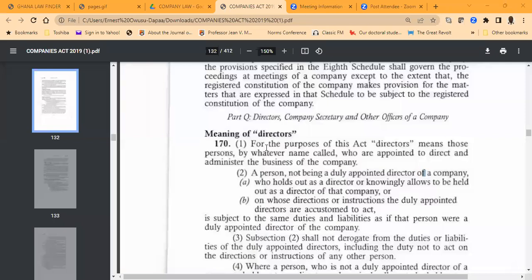So therefore, if you go to the first schedule, right, the word director has been defined there. And this is what it says, and I quote, director in relation to a company has the meaning assigned to it by section 170, and in relation to any other body corporate means a person whose position in relation to that body corporate is one that person will be a director of the body corporate if the body corporate were a company.